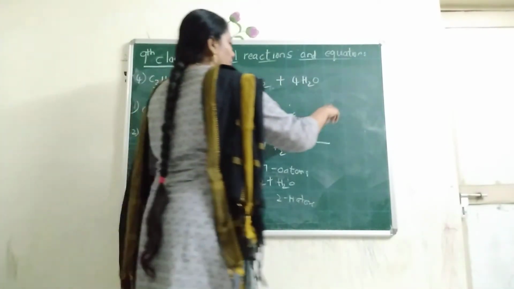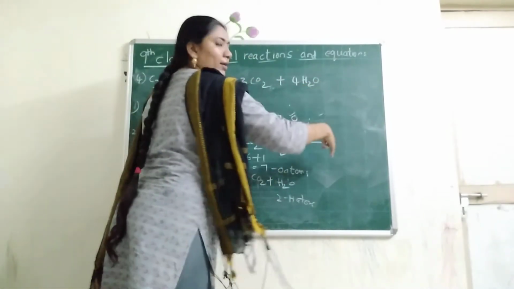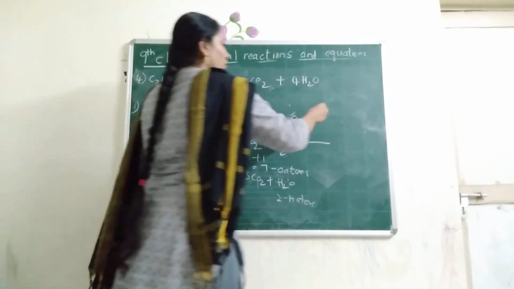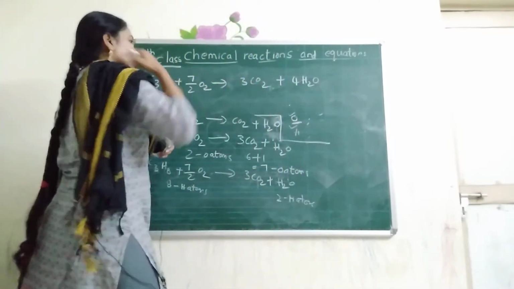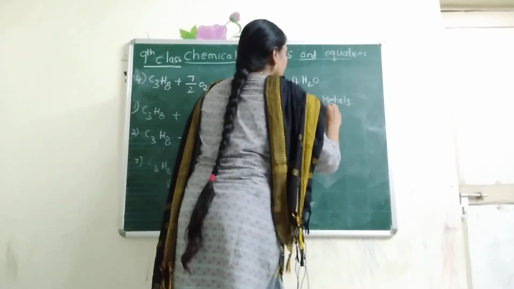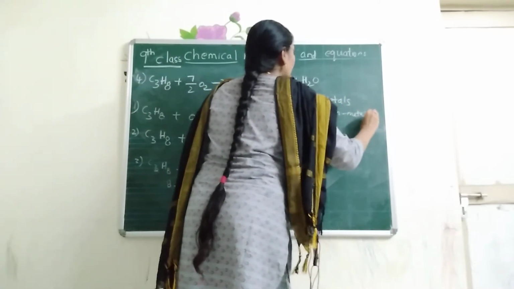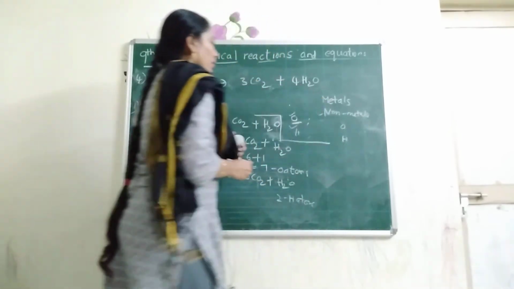Again come to the first one. Once you finish the order, check the order again. That means first we balance the metals, then non-metals, and then oxygen and hydrogen.